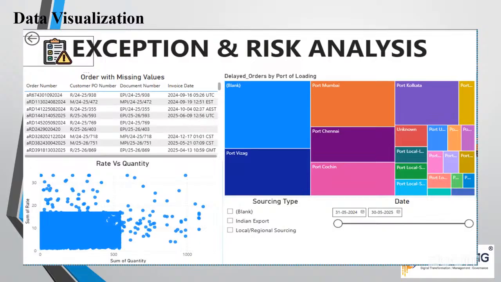The closing line for this slide: data visualization transforms raw data into actionable business insight. It's not just about making things look pretty. It's about helping business take faster and better decisions.